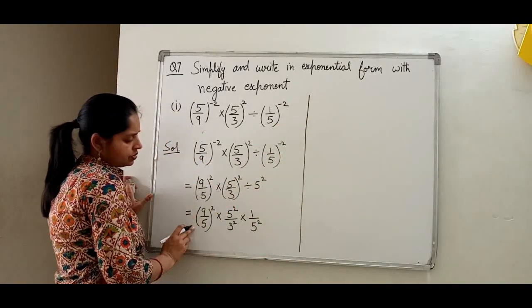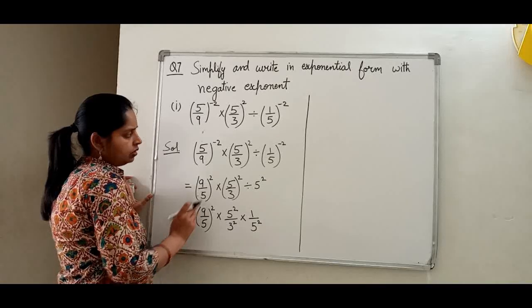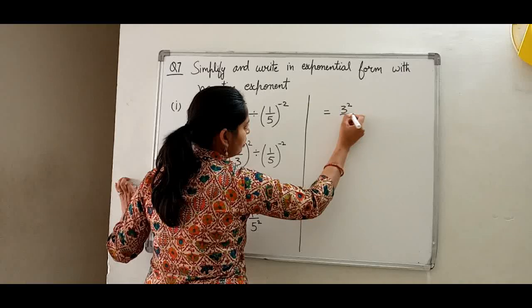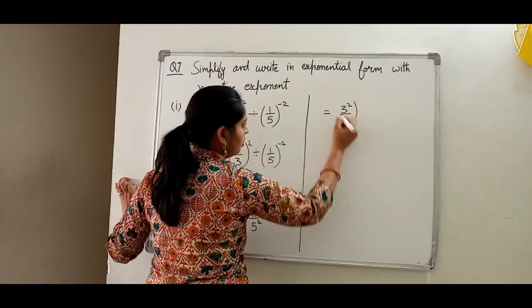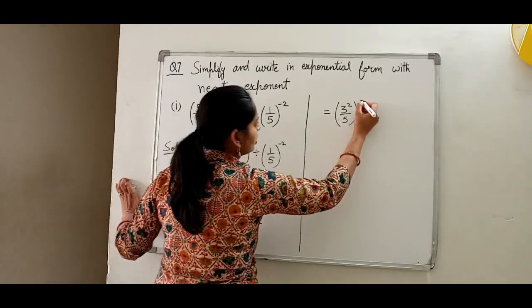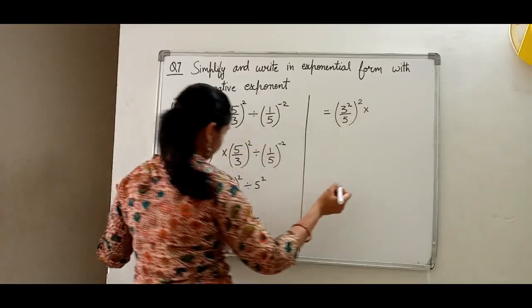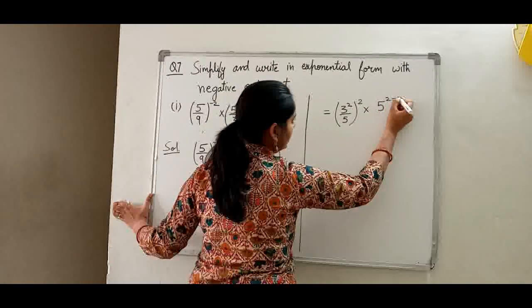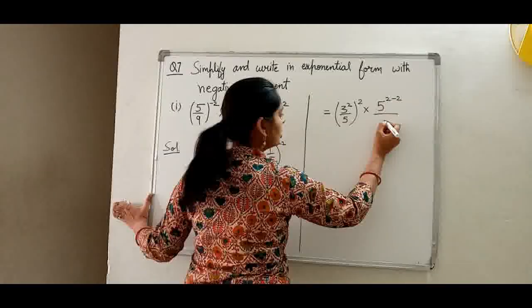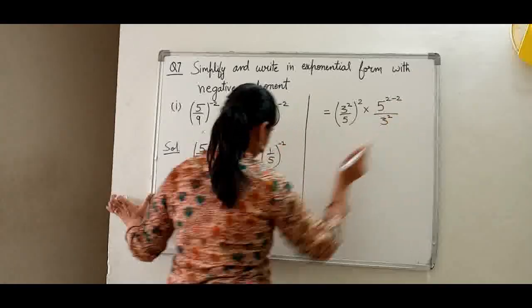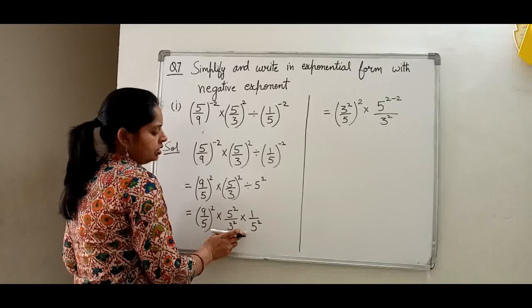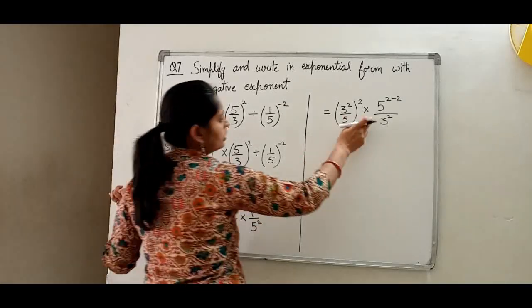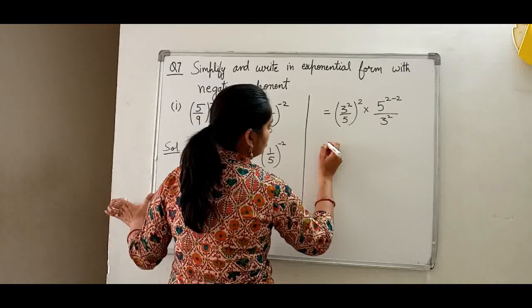What can we write? This also in the form of 3, we can write it down. 3^2 upon 5^2 multiplied by 5^(2-2) upon 3^2. We have solved these two terms because 5^2 divided by 5^2 will give you 5^(2-2).